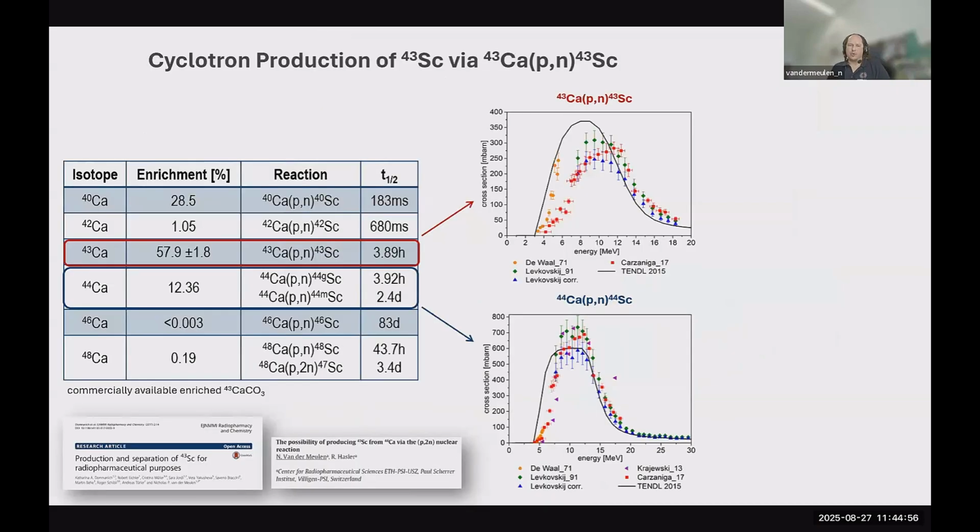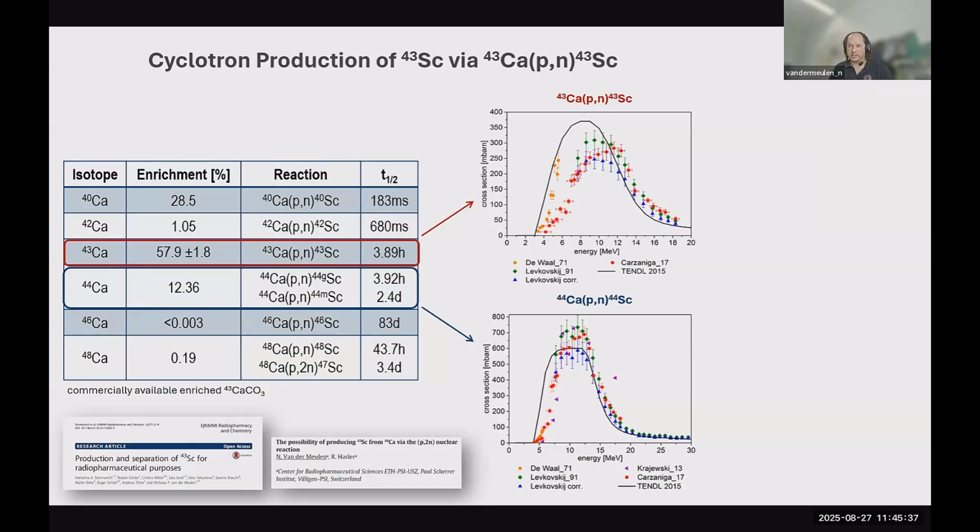However, if you want to produce scandium 43, which is supposedly the impurity, in this case it becomes really interesting because scandium 43 is also a positron emitter. It has the same chemical properties as scandium 44, except it doesn't have the high gamma that is associated with scandium 44. The only problem with it is it's far more difficult and far more expensive to make. So while people look at scandium 43 and say, oh, that would be very nice, it becomes very difficult for the likes of us to produce on a regular basis because of the cost related to it.